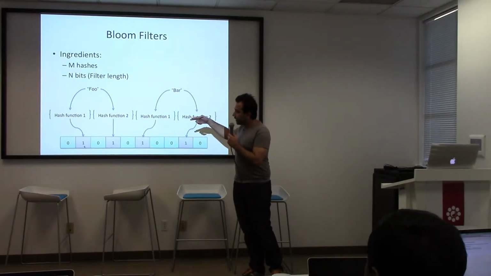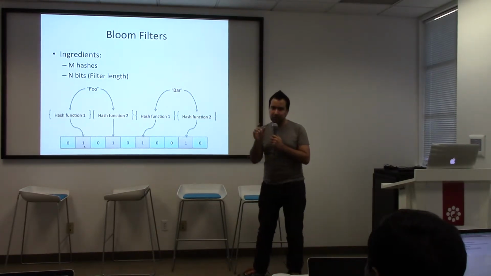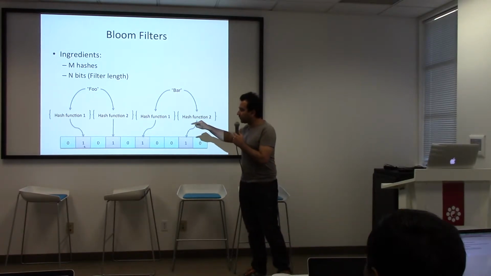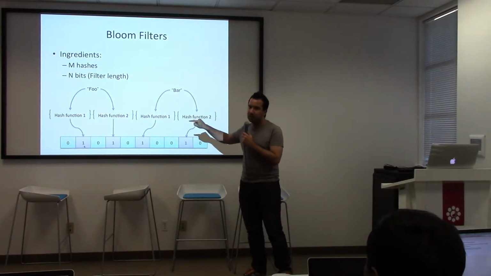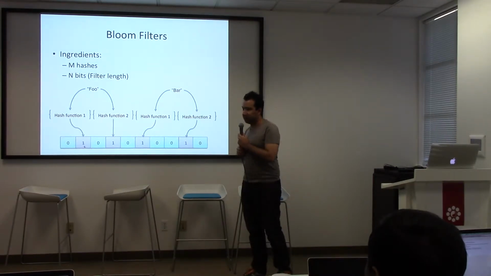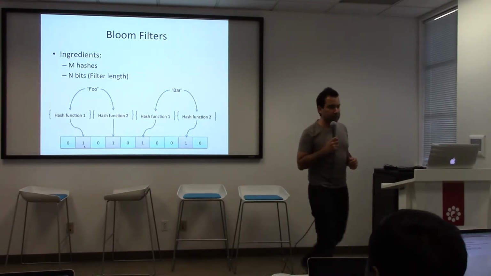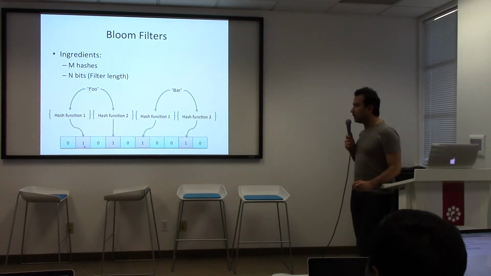The answer that I get would be an integer that I can set to 1 right after I get that response. So for example, if I say foo and pass it through a hash function and 2 is the integer that you get back from the hash function, I will change the second bit to 1 if it wasn't already 1.